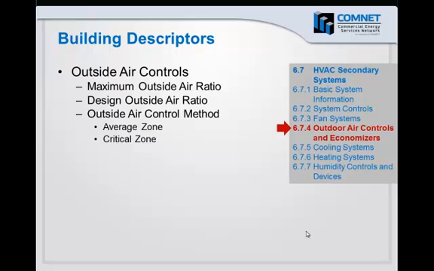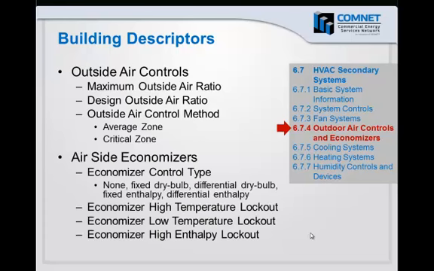And then there's the outside air control method, which can be based either on the average zone or the critical zone. And then you get into outside air economizers, which are also in this section.